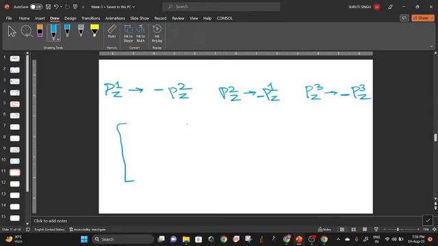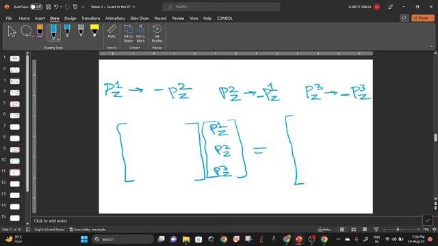Now we can write the matrix. First is pz1, this is the basis, I am writing the basis first, pz3, and now I will write the answer which we got. After transformation, what happened? pz1 became minus pz2, pz2 became minus pz1, pz3 became minus pz3. Now can you write the matrix?